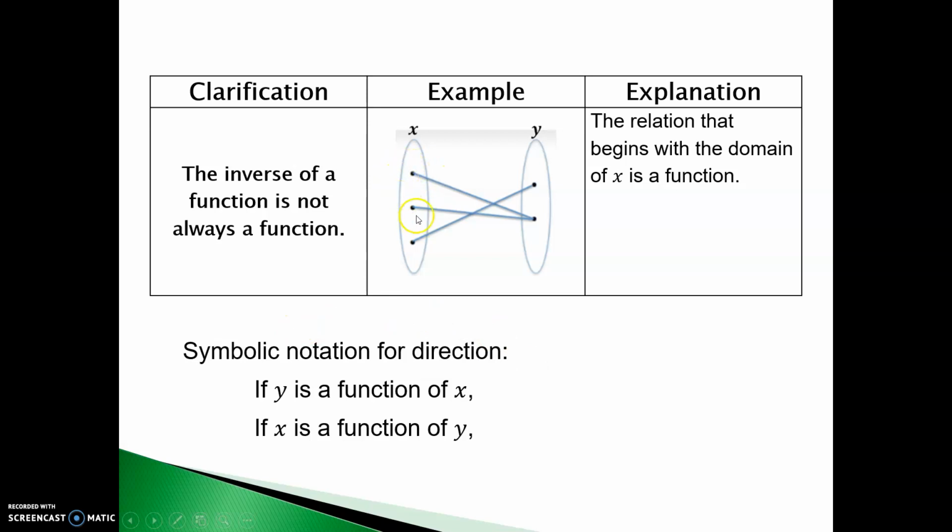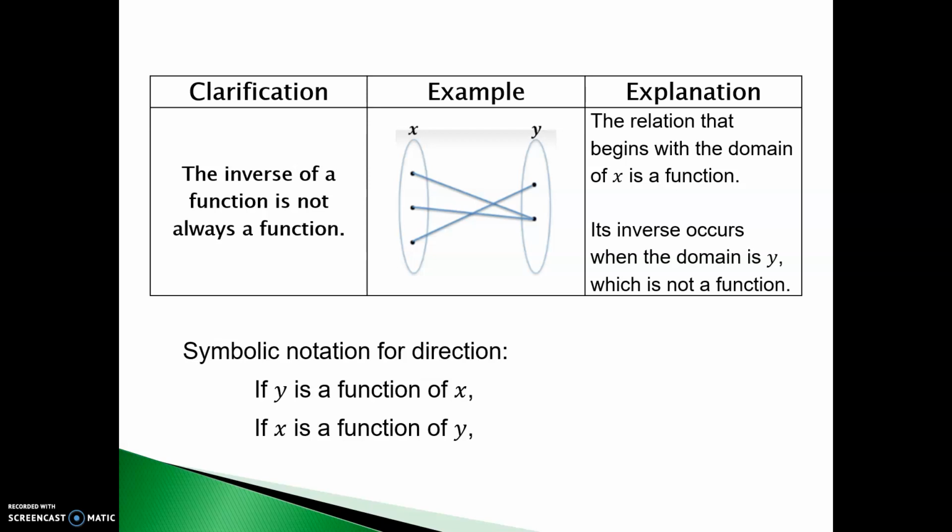There are many elements in X that map onto one element in Y, and so that would be a function. The inverse means if I start from left to right for my function, then my inverse would be what happens when I go from right to left. The inverse would occur when the domain is Y, and in that case, it's a one-to-many situation, and this would not be a function.